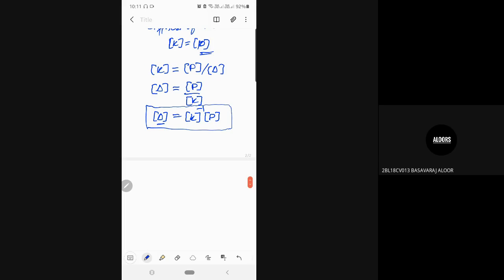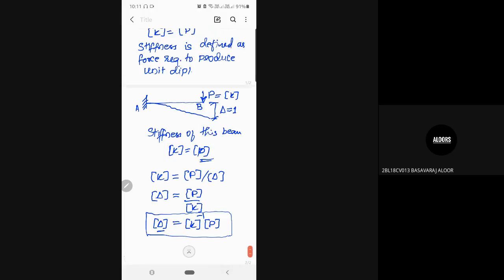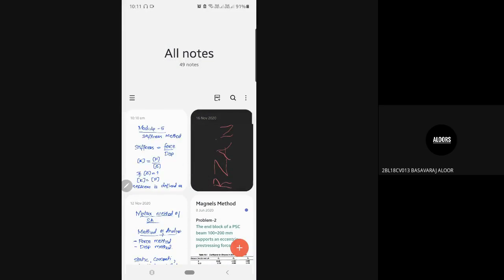Now let us solve a simple problem of a continuous beam here. I'll take a beam.